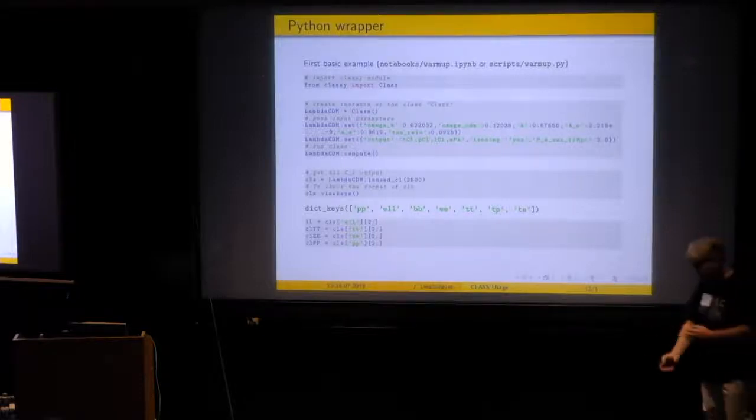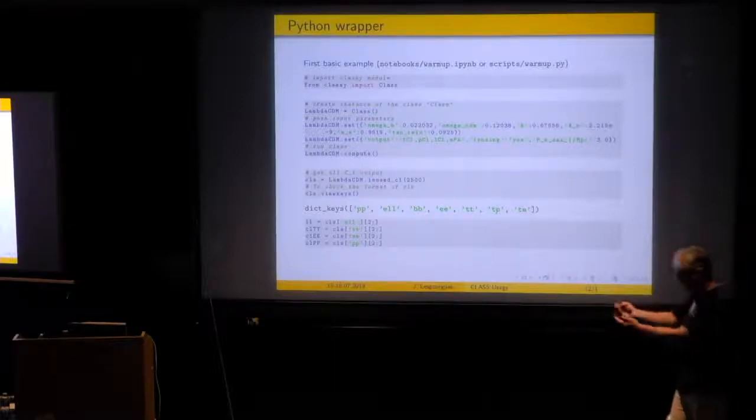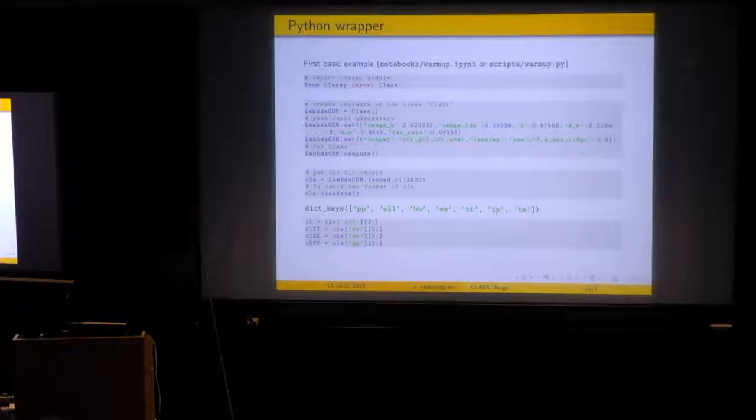Now, all the results of the class calculations have been stored in different fields inside this class. And what you want is to bring them to life, extract them from the content of the class. And for this, you have many different functions for many different observables.